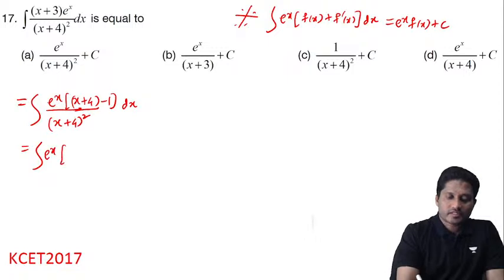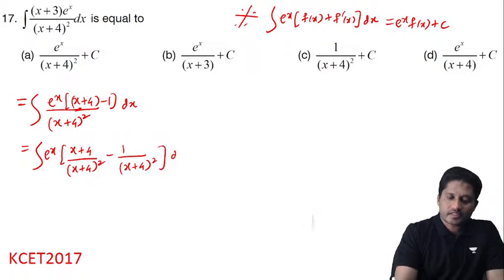e to the power of x times [(x+4)/(x+4)^2 minus 1/(x+4)^2] dx. x+4 will cancel with the square. So e power x into [1/(x+4) minus 1/(x+4)^2] dx.